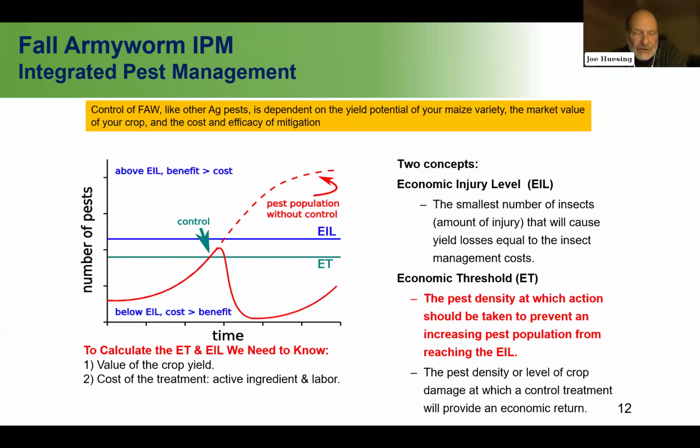So this is usually shown with a figure that describes what's called the economic injury level and the economic threshold. In a nutshell, what you want to do is control a pest at a level before the density of the pest becomes economically damaging. That's the key.